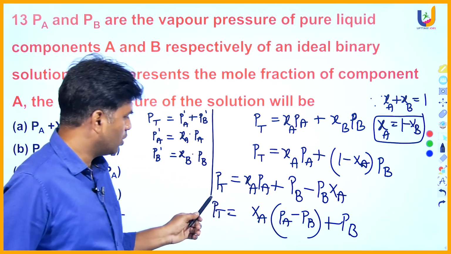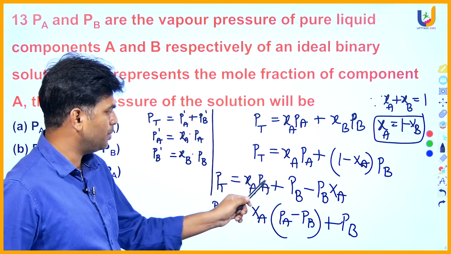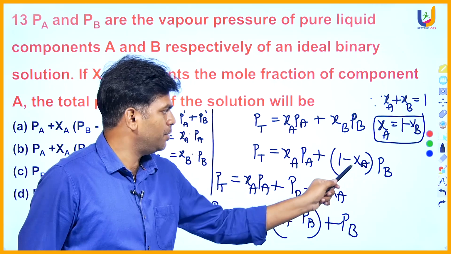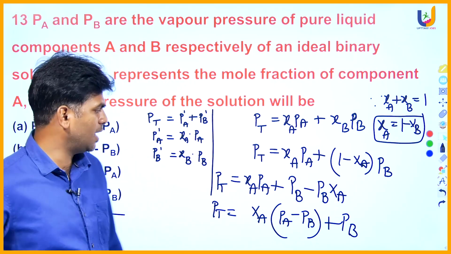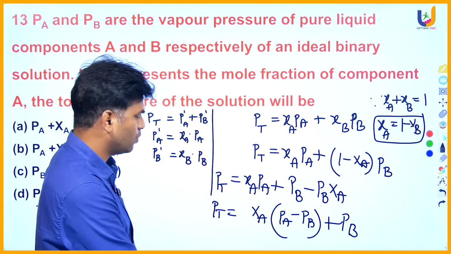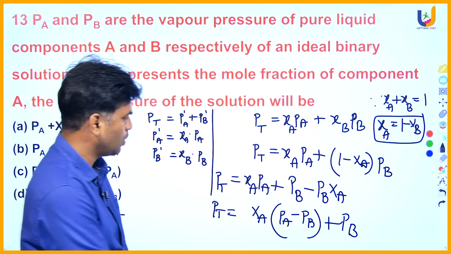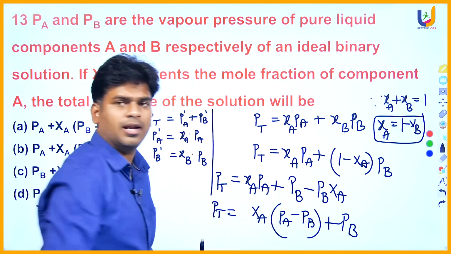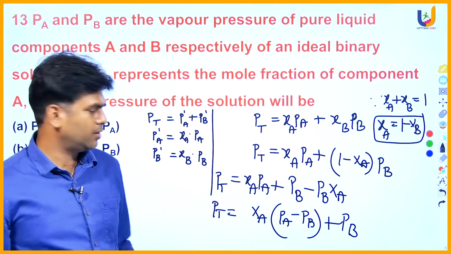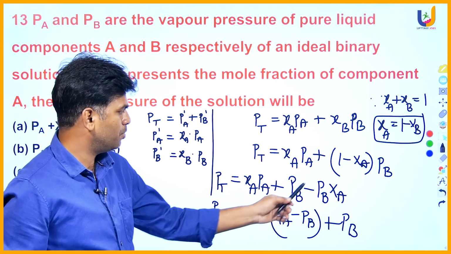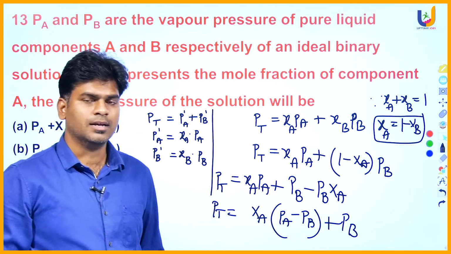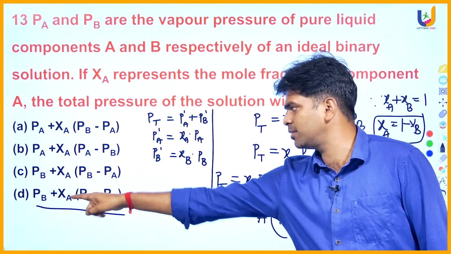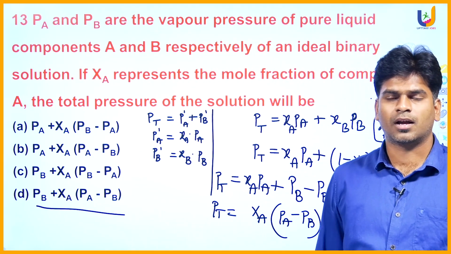From that, total vapor pressure PT is equal to Xi A PA plus PB minus PB Xi A. Again we simplified: Xi A we take as common, so PT is equal to Xi A into PA minus PB plus PB. The same relation we observe in the given options, which means option D. I hope it is clear.